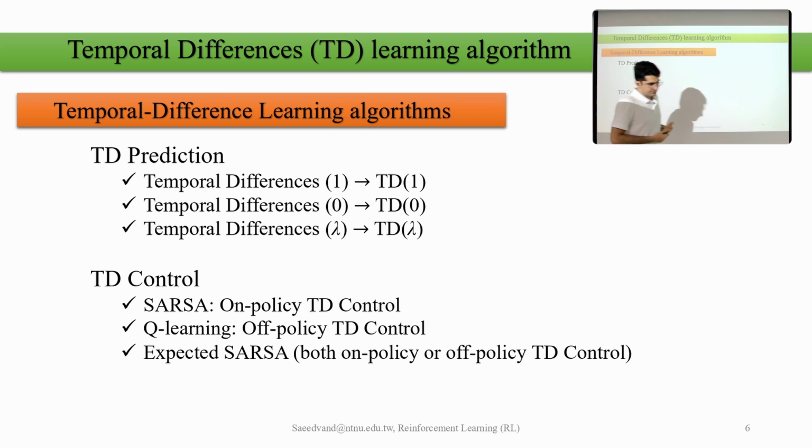Similar to previous algorithms and techniques that we've talked about, here also we have two classes, temporal differences prediction and temporal differences control. Temporal differences prediction stands for prediction of the policy that we have. You may have a policy that you want to evaluate, the value of the policy, how good your policy is.